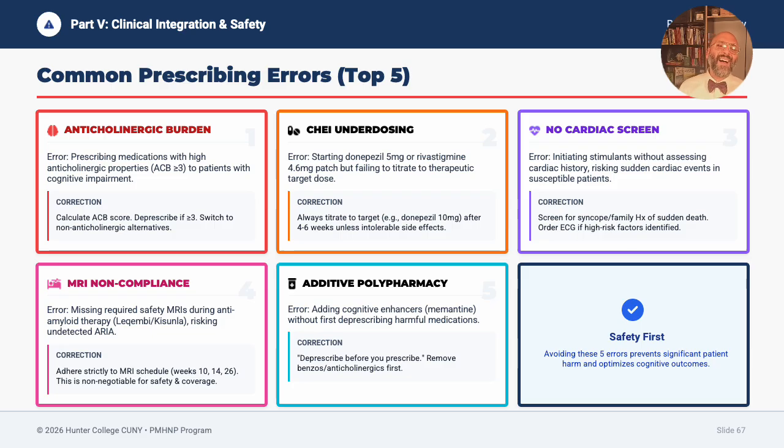So adding a cognitive enhancer without first removing a harmful medication is undermining the benefit. So the rule is to deprescribe before you prescribe. And avoiding these 5 errors will prevent real harm and can cause meaningful cognitive improvements in patients.